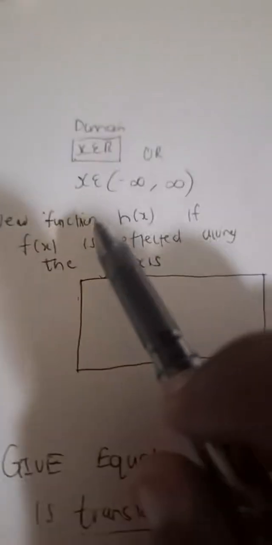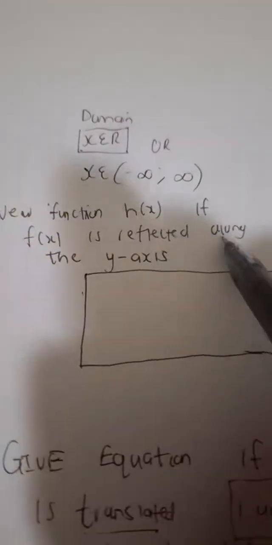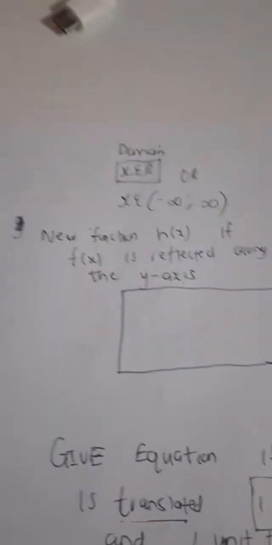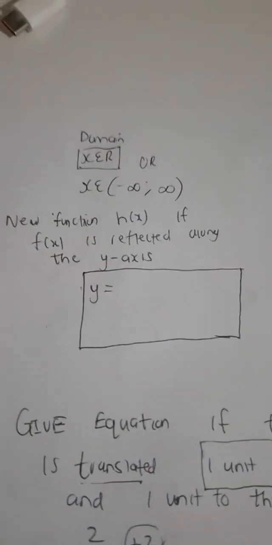Remember, what was the equation of f of x? It was y is equal to 2 over x minus 1, plus 2.